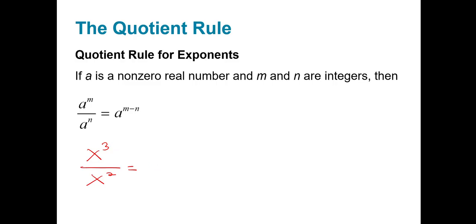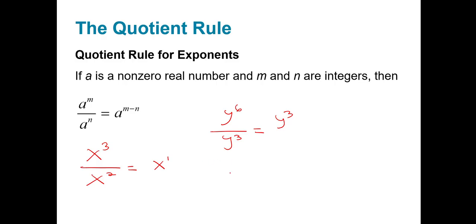So if I have 3 in the top and I take away 2, I am left with x to the 1. Another example could be y to the 6th over y cubed. When I subtract that, I have 6 in the top, take away 3. I am left with y cubed.